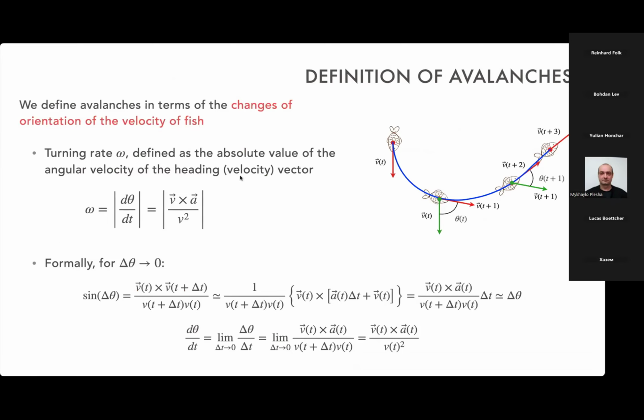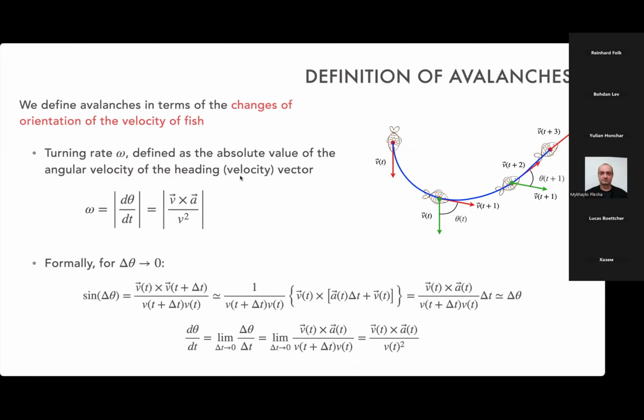If you measure this turning rate, it has a distribution that has this form. For small values, it is essentially constant, and these very small values of turns essentially mean a smooth trajectory. But there is some threshold, around 0.1 to 0.5, at which this decreases, and then you have large turns.